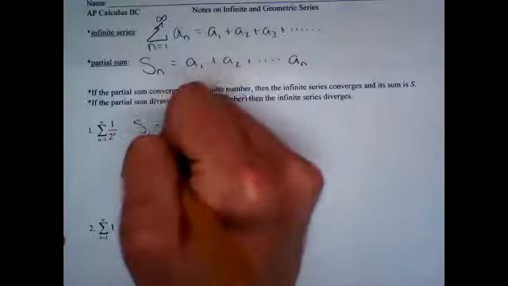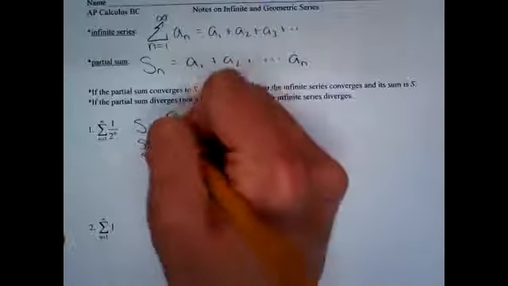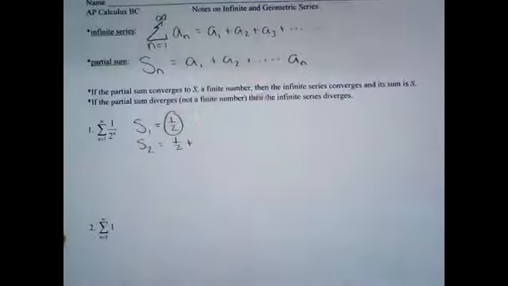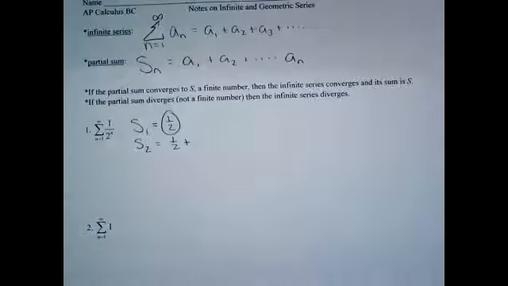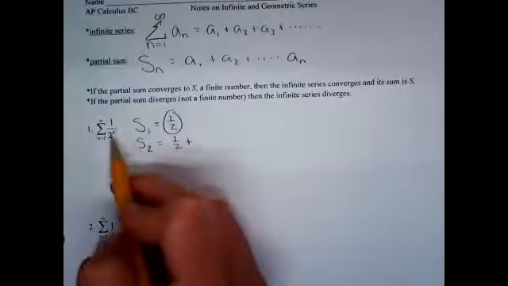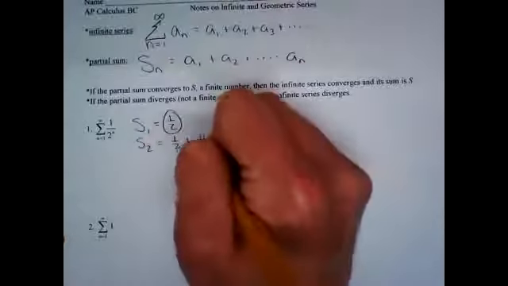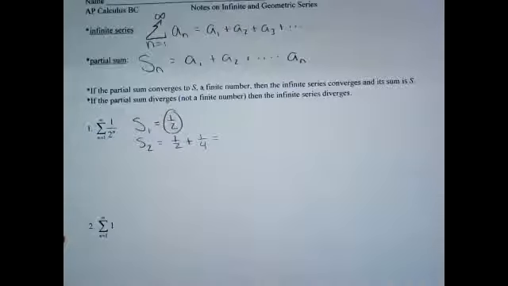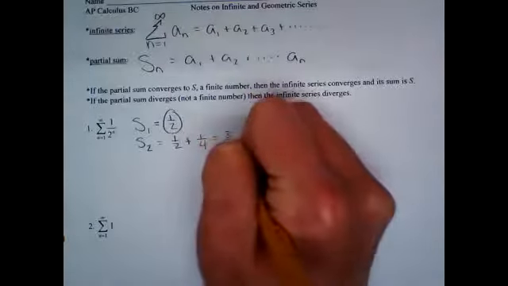So when you do the next partial sum, it's going to be 1/2 plus the next term. So now you're going to plug in 2. So what do you get if you plug in 2? 1/4. You might be already adding it together in your head. And then you add those together, you would get 3/4.